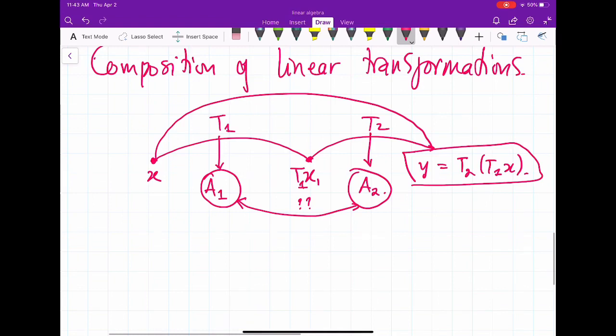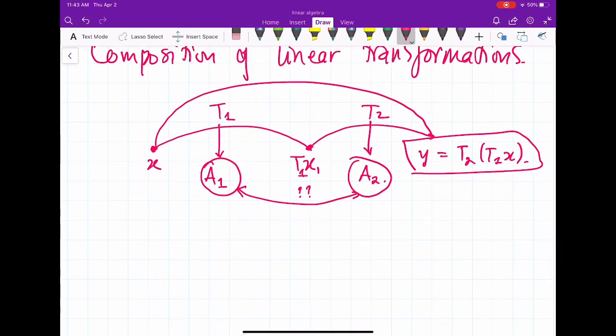When we study matrix multiplication, we say the multiplication of A with B is just a consequence. Remember that when we study matrix multiplication, A times B, we say if you want to apply this product to some vector x, right? So you have to apply B to the x first.